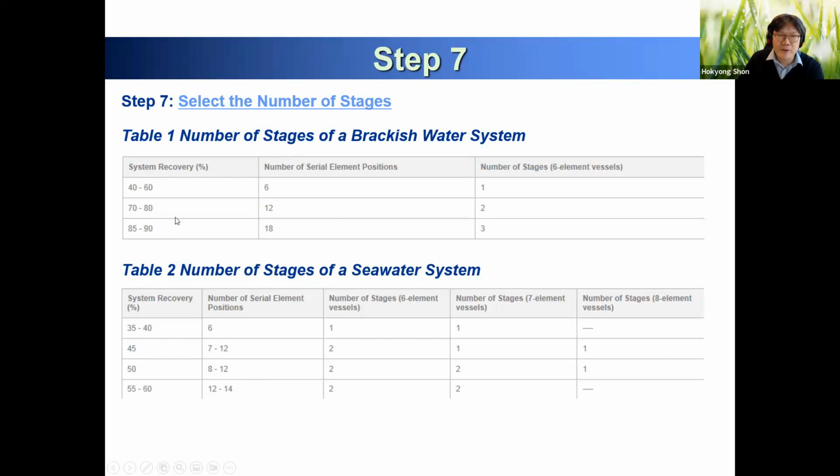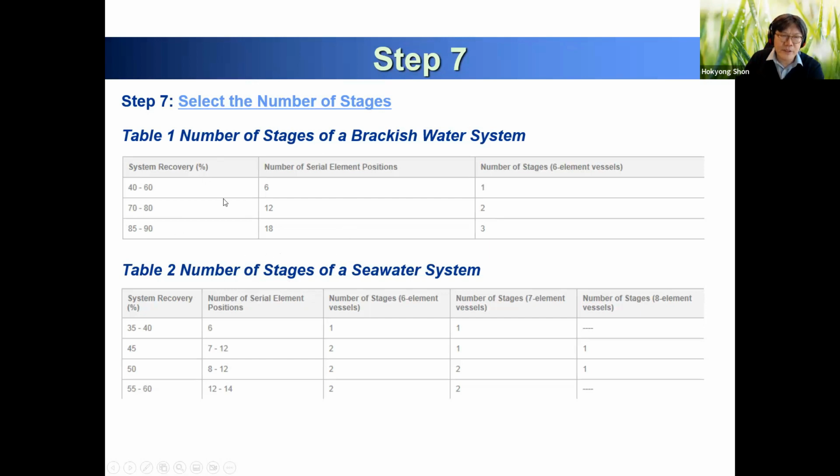So based on your water quality and your recovery, you can decide how many elements per vessel you have, and then how many you need to follow the staging, 1, 2, or 3 stages.